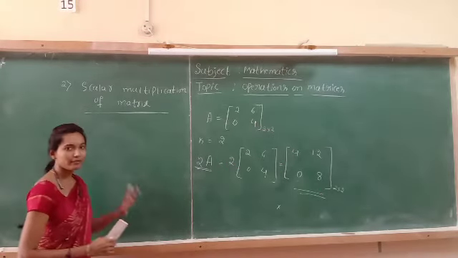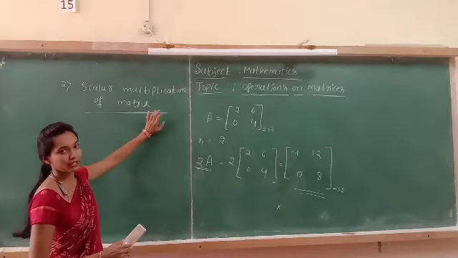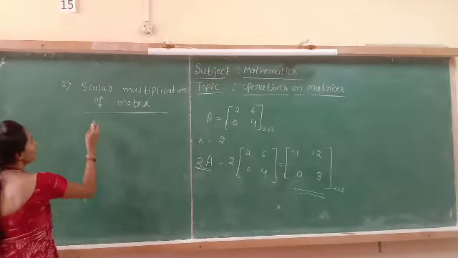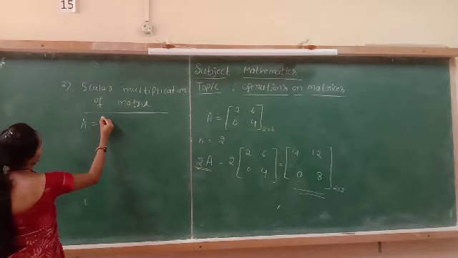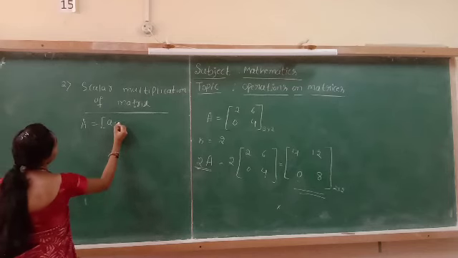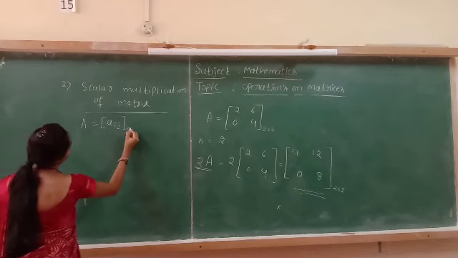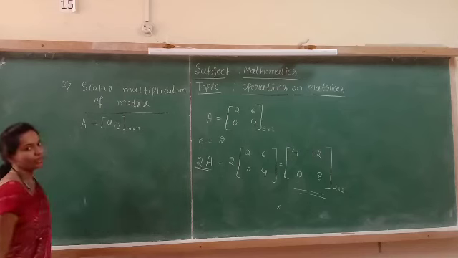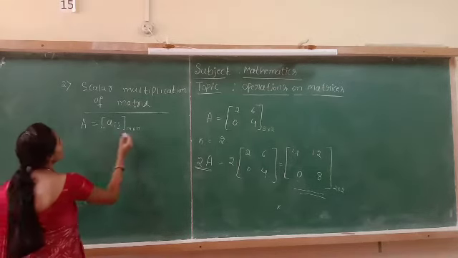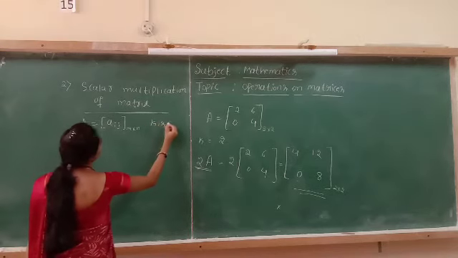Therefore, generally we can define the scalar multiplication of a matrix as follows. Let capital A be the matrix a_ij of the order m cross n. You can choose any scalar, so let k be a scalar.